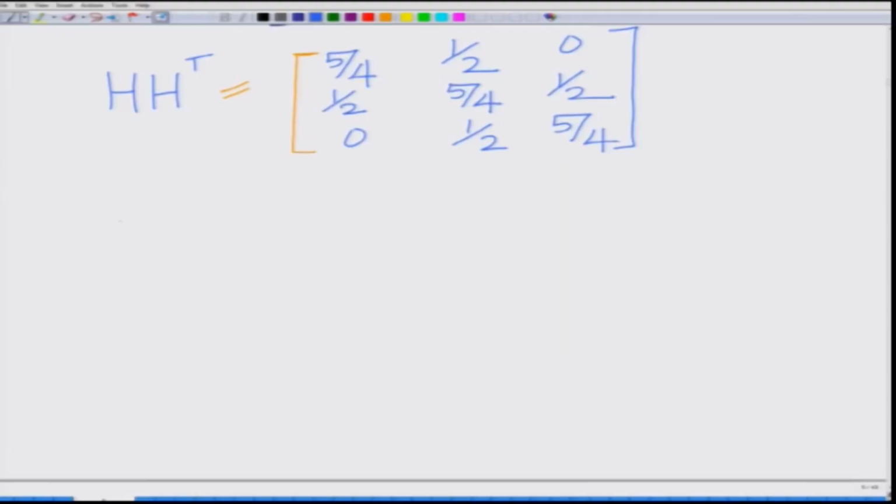Now, we have to evaluate H H transpose inverse, and to evaluate it, first we have to evaluate the determinant of H H transpose.